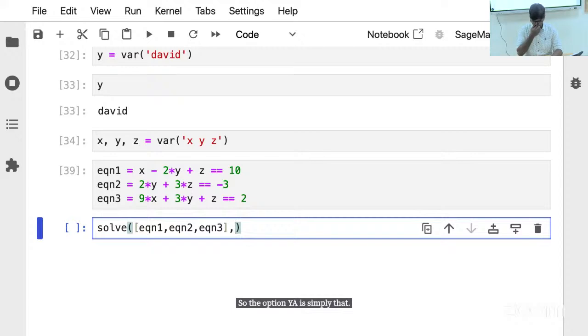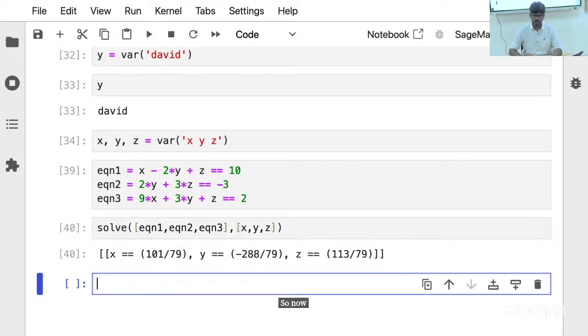The second argument is the variables these equations are on. That also has to be supplied as an array: x comma y comma z. Now this will solve the equations and give the solution.